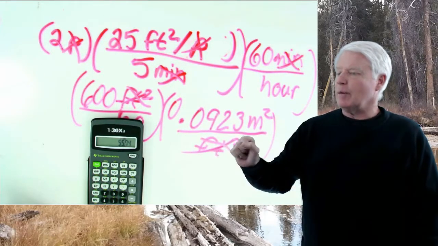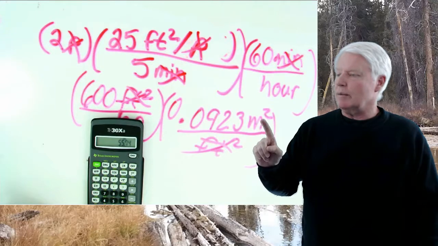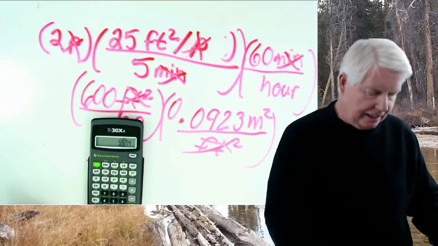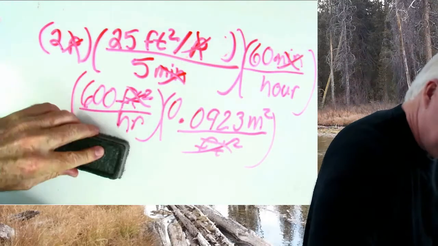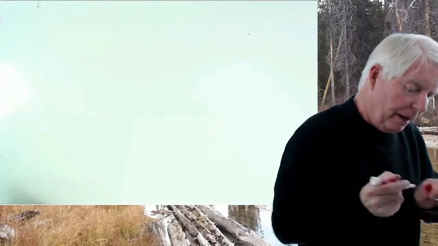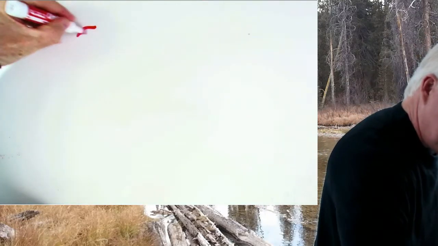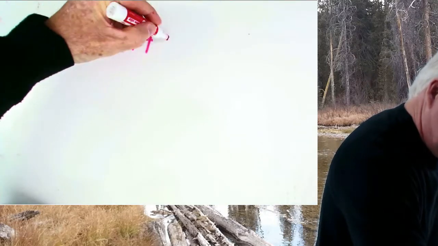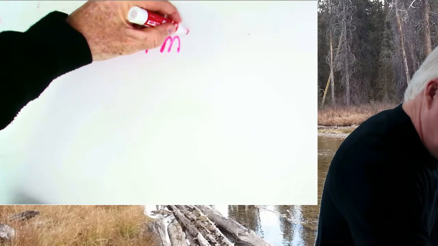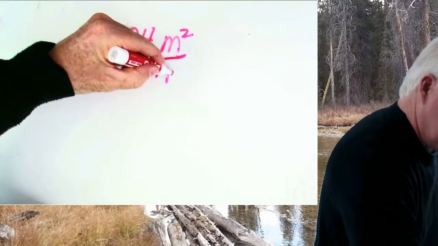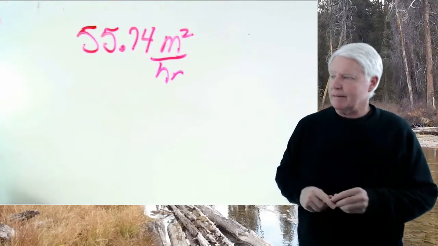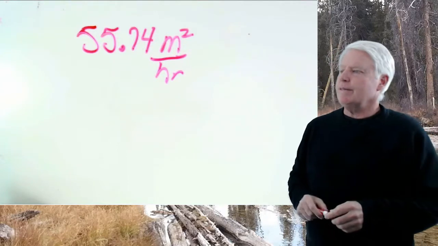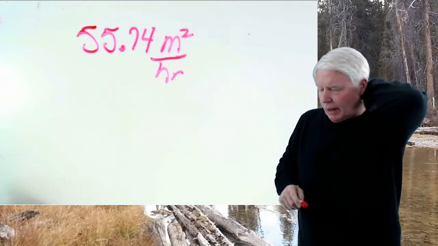Now I have 55.74 square meters per hour, and now I'll be able to use that to solve this problem. So let me write that down for you. 55.74 square meters per hour. And there we have it.